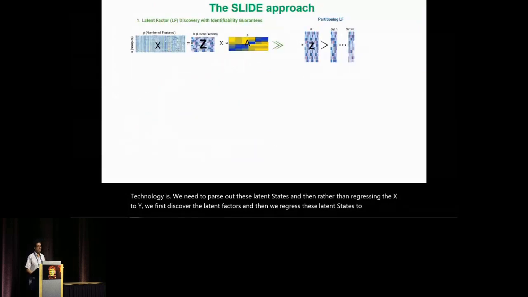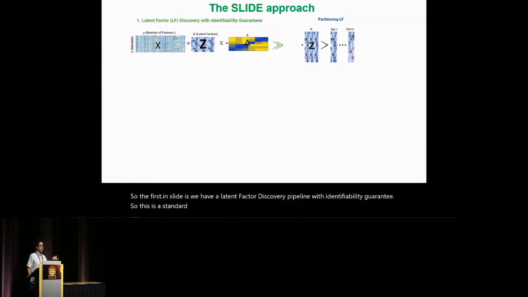So the first point in SLIDE is we have a latent factor discovery pipeline with identifiability guarantee. This is a standard setup. We're decomposing what we observe into the latent factors and the allocation matrix. But this comes with some very unique properties. The first is, unlike non-negative matrix factorization methods, which are non-identifiable, our method is identifiable.